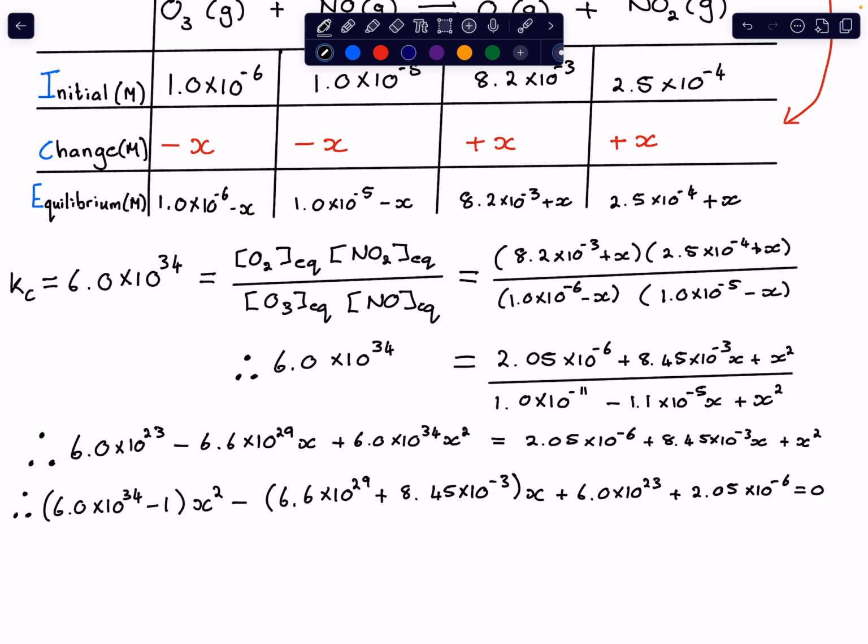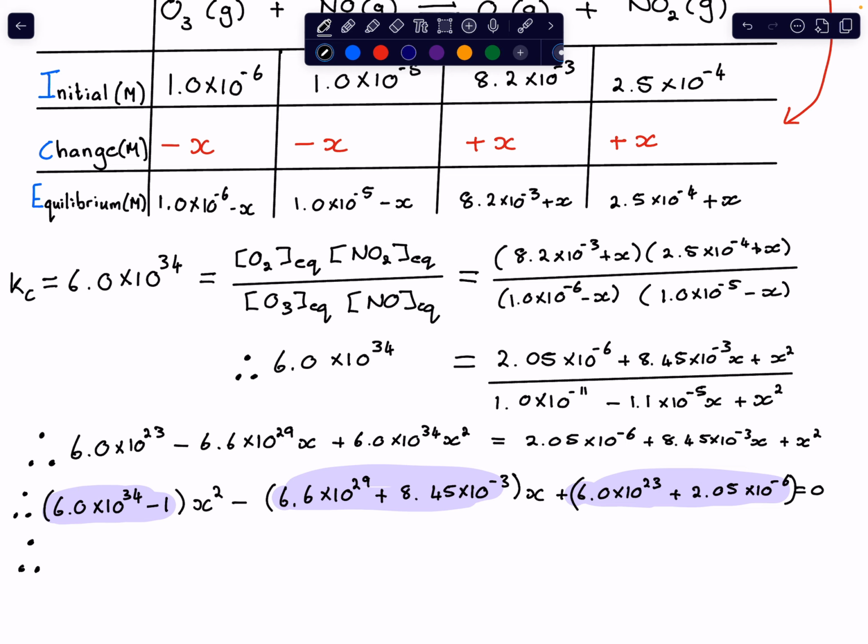Alright. Now, hopefully, what I want you to realize is that this bracket, and this sum here, we can even put it in a bracket of its own, are equal to the big number. Meaning 6 times 10 to the power 34 minus 1 is equal to 6 times 10 to the power 34.